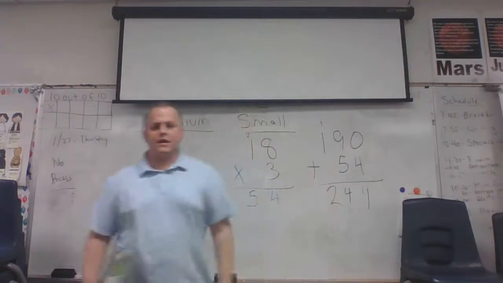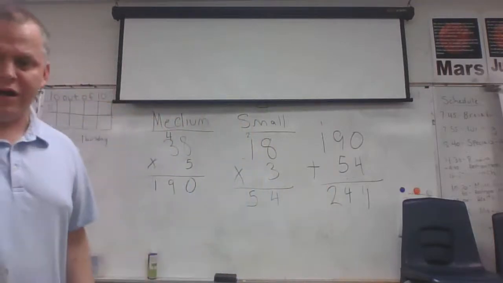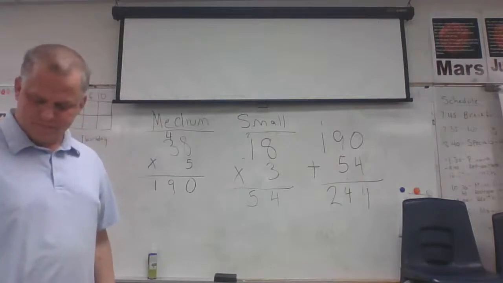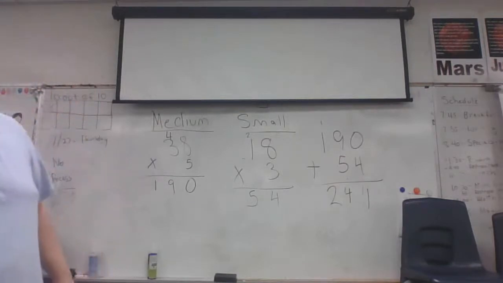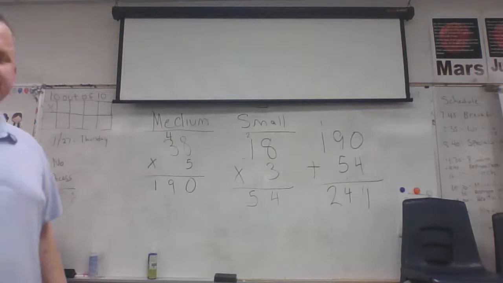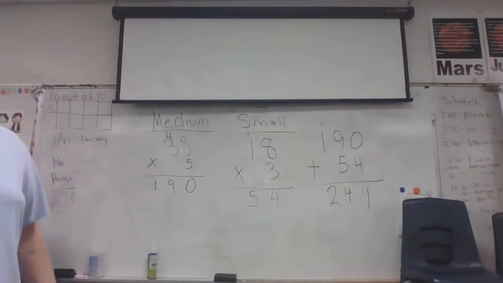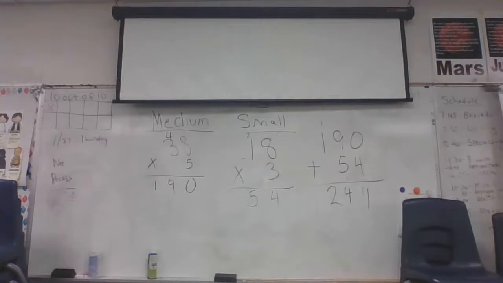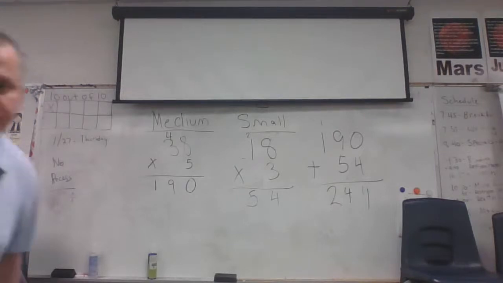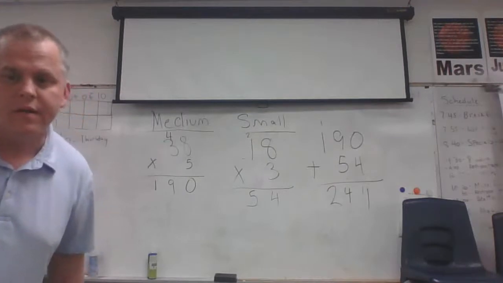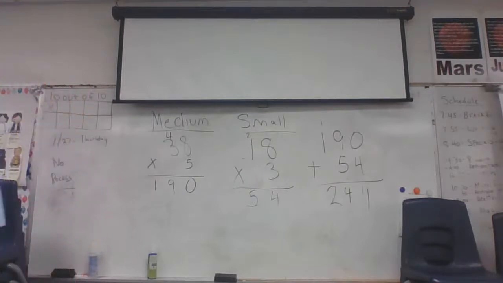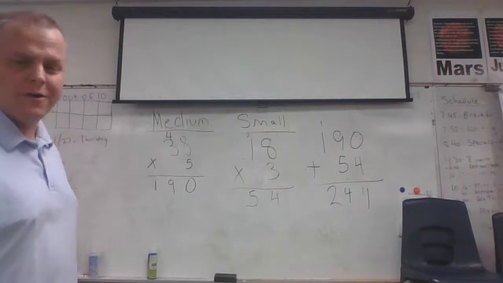And the answer is 244. I'll leave that up there for just a moment. I'm going to erase it, and I'm going to get to number 4, which is the next step in the story problem, where we're going to use the beads and the buttons. That's right, Piper. 190 plus 54 is 244.